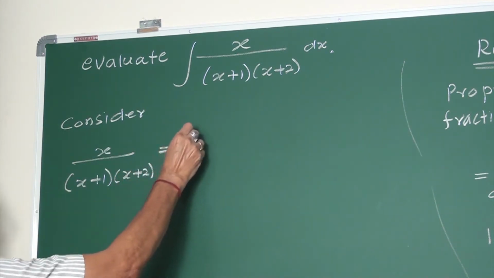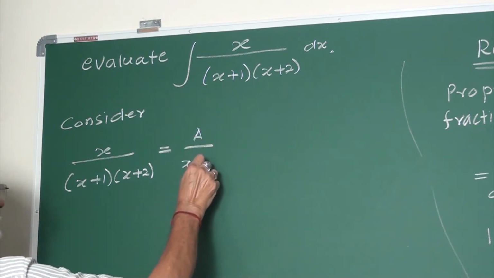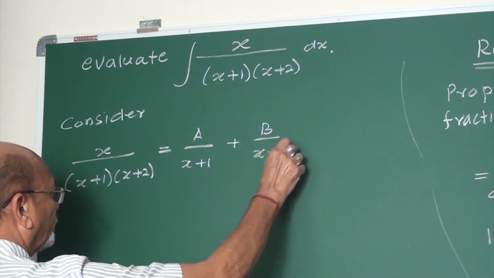Yes, friend, what is it? A upon the first factor x plus 1 plus B upon the second factor x plus 2.